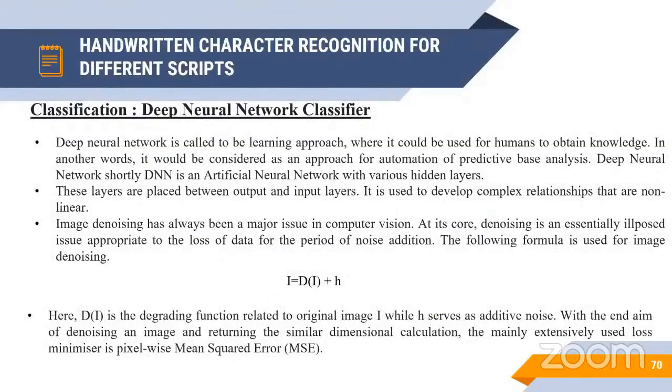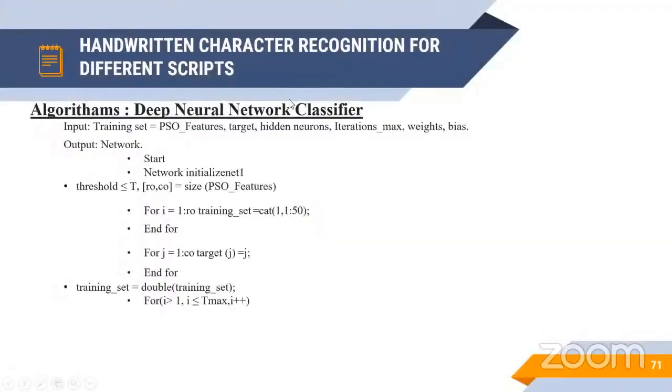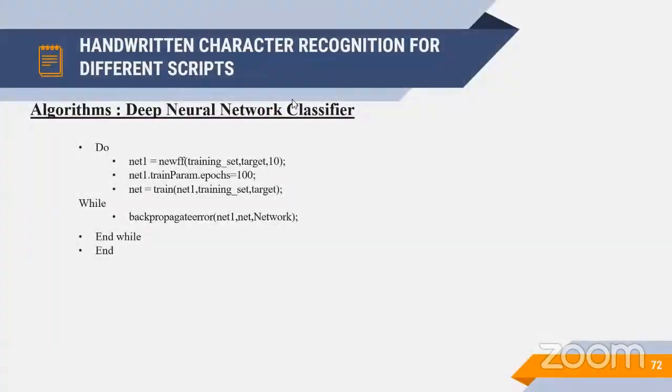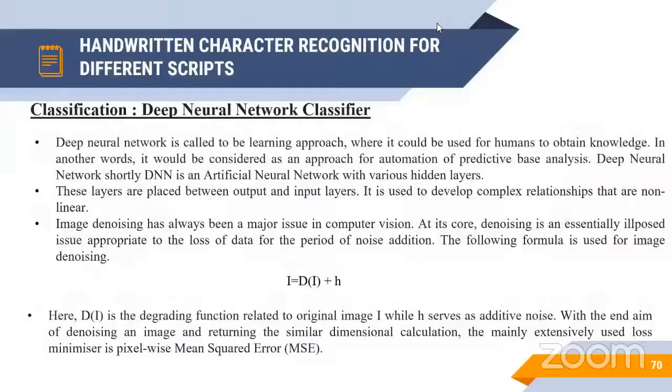The deep neural network classifier is called a learning approach, where it could be used for humans to obtain knowledge. In other words, it is considered a new approach to automation of providing predictive analysis.